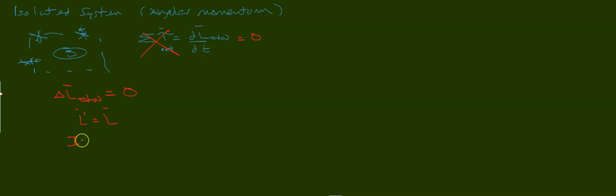If it's a rigid body, L final is equal to L initial, and that's it. Remember, for linear momentum in an isolated system, we had P final equal to P initial, or mv final is equal to mv initial, right? So you see the analogy, beautiful analogies all the way since we started chapter 10.